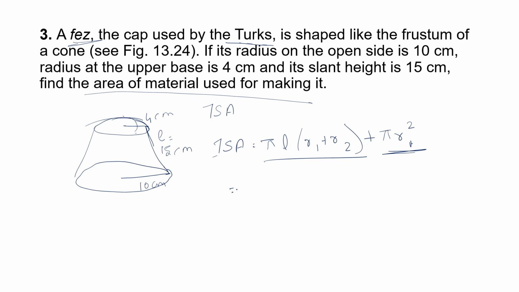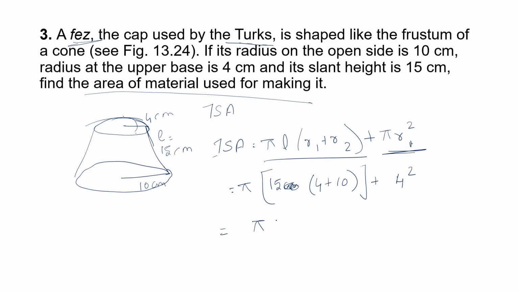Now pi can be taken common outside. L is given as 15 centimeter, and then R1 is given as 4 and R2 is given as 10. Then plus R1 square, the top area we are considering, that area is 4 square.